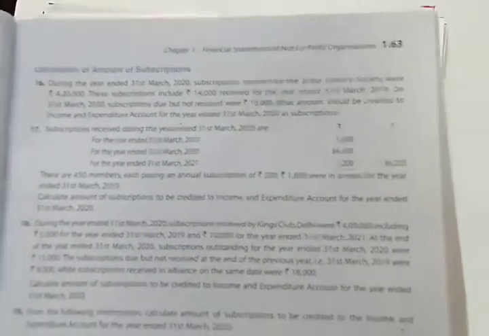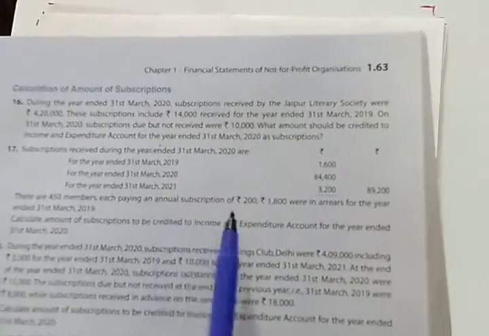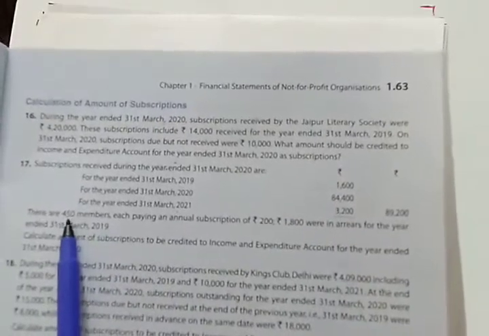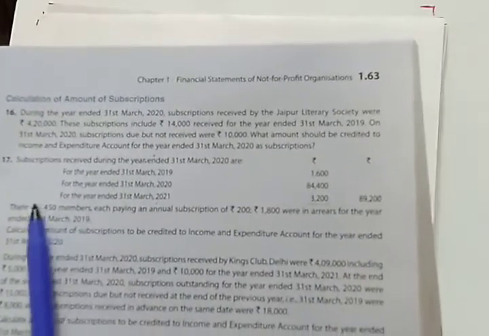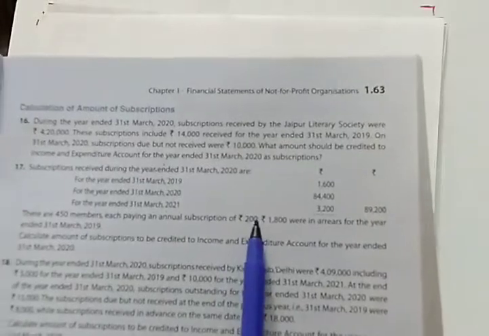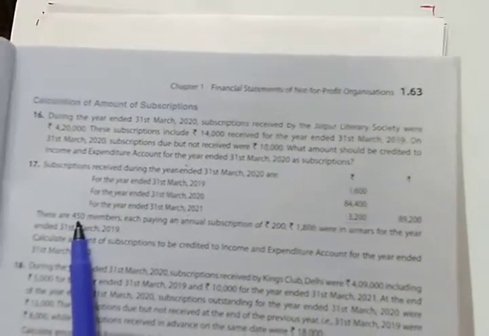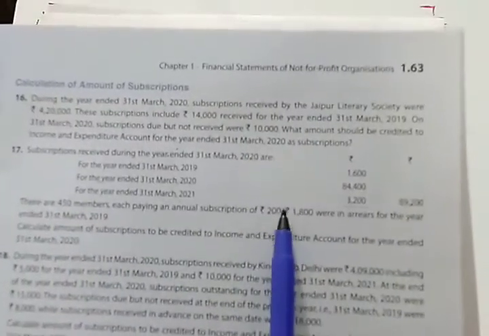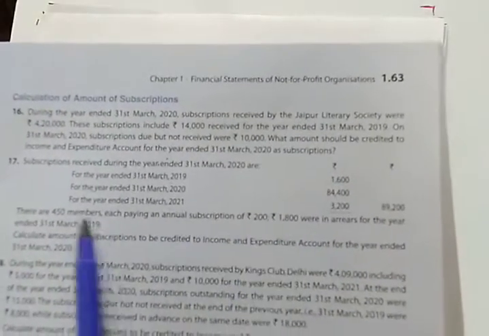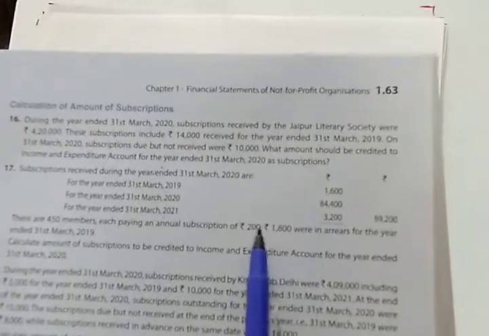So here the details are somewhat different, given in a different format. Here we know the total number of members and how much is to be received from each member. So by multiplying the number of members with the subscription of each member, you will be able to get the subscription of current year. So let us see how the details are to be applied here.